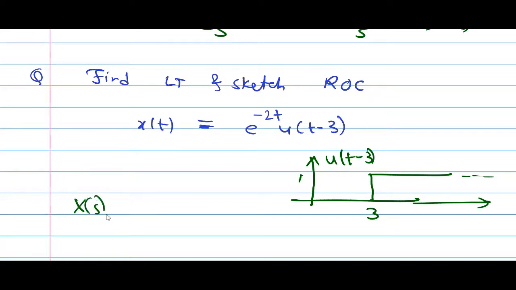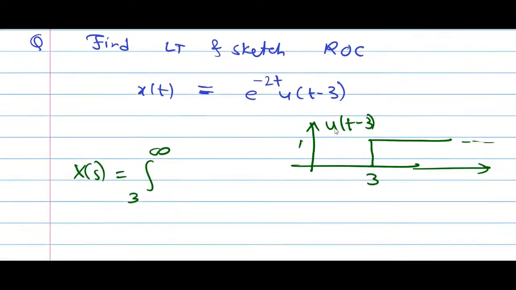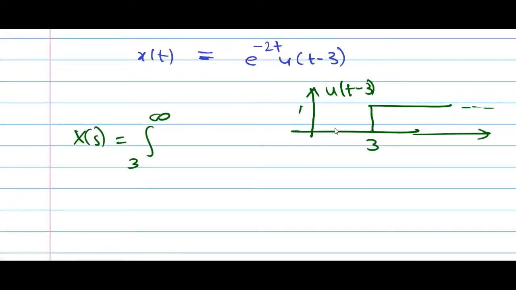So X(s) will be the integration from 3 to infinity, because the integration limits are decided by this unit step signal. As the unit step signal is present from 3 to infinity, the integration limits will also be 3 to infinity. Then x(t) has value e^(-2t), the unit step has value 1, e^(-st) dt.